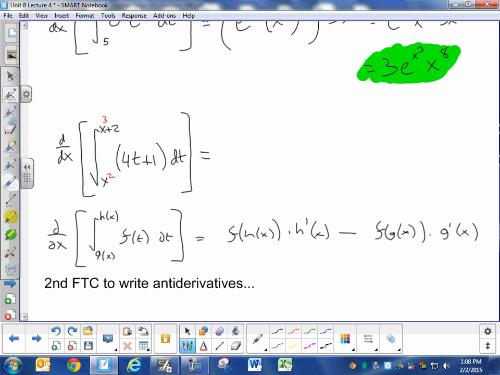Usually this is gone because g of x is a number and the derivative of a number is 0, but in this case this is going to have x's, so that's why we have to include it.